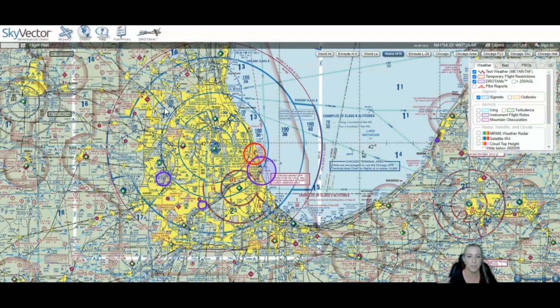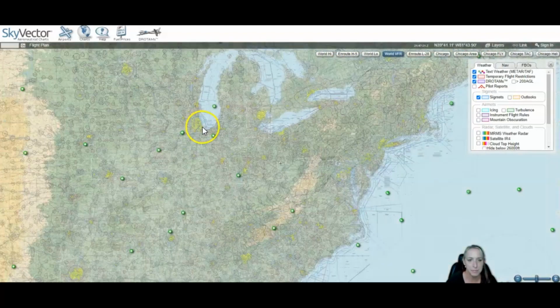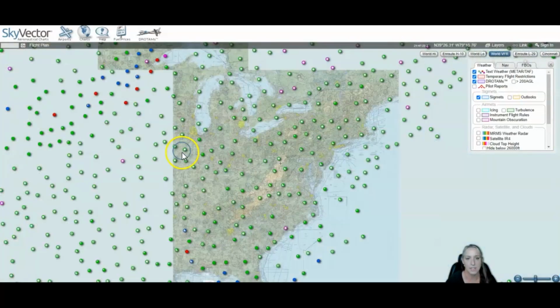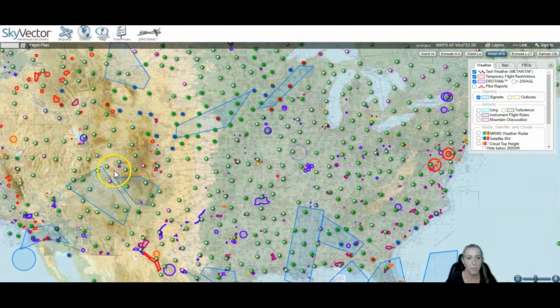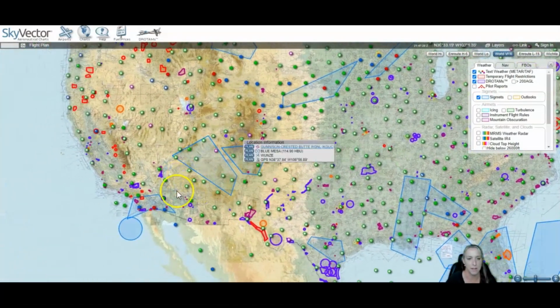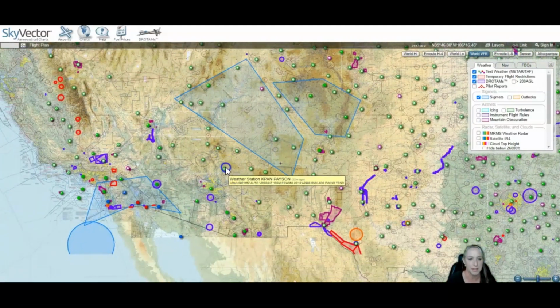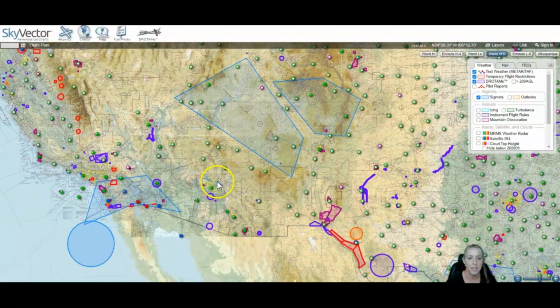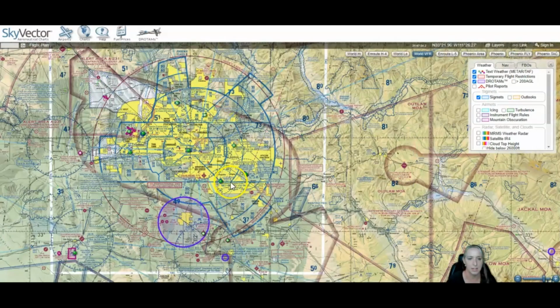You can go through there. If you're more familiar with a different area, at first I would say go and look at that particular area. So if I scroll out here, you can see the entire country. So what I'm going to do now is go over here to Phoenix, because Phoenix airspace is a little bit more confusing. There's a lot going on in the airspace here.